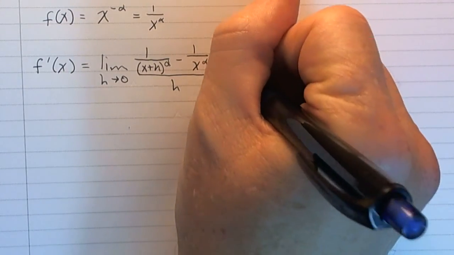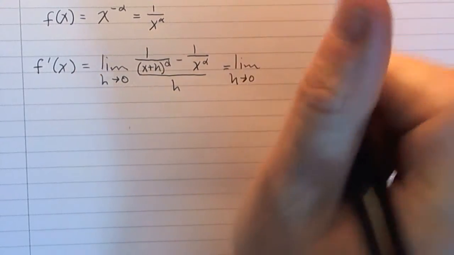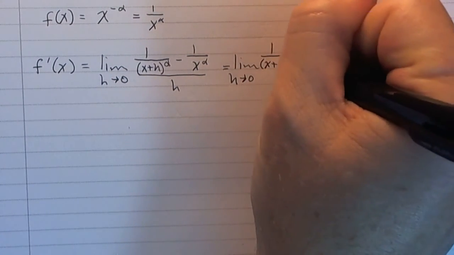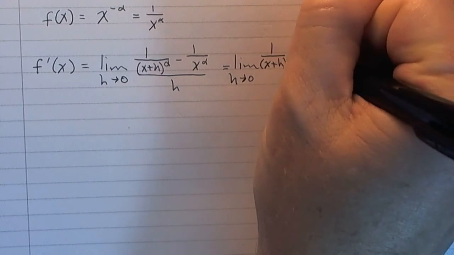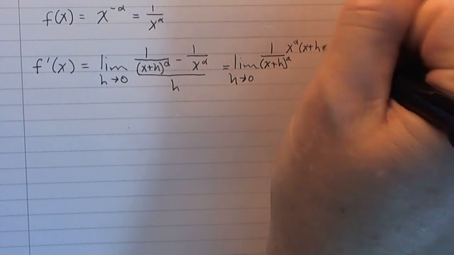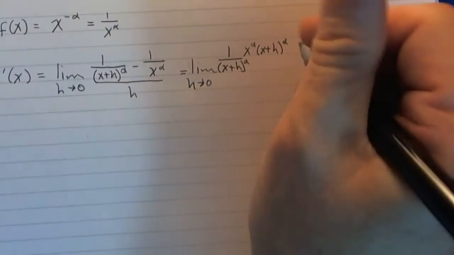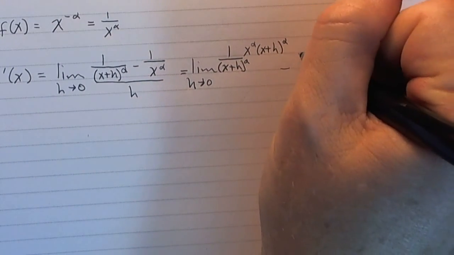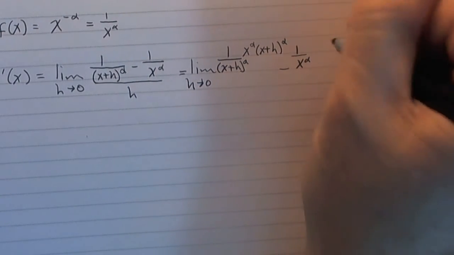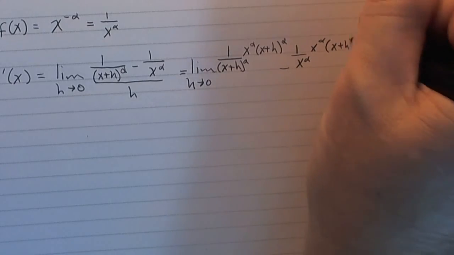So look how this would look. This would be the limit as h goes to 0, and I have 1 over x plus h to the alpha, and I'm multiplying by x to the alpha, x plus h to the alpha. See? That's what I'm doing. Now I do that every place. So I've got 1 over x to the alpha. I multiply it by x to the alpha, x plus h to the alpha.